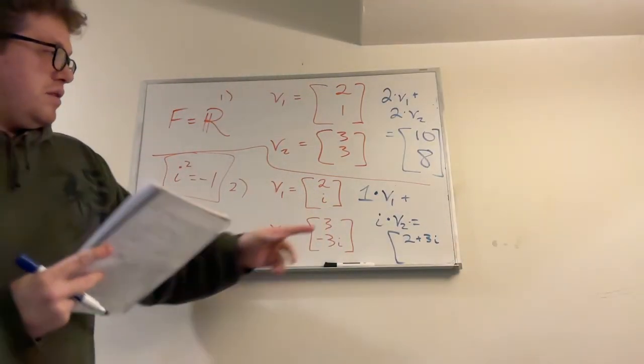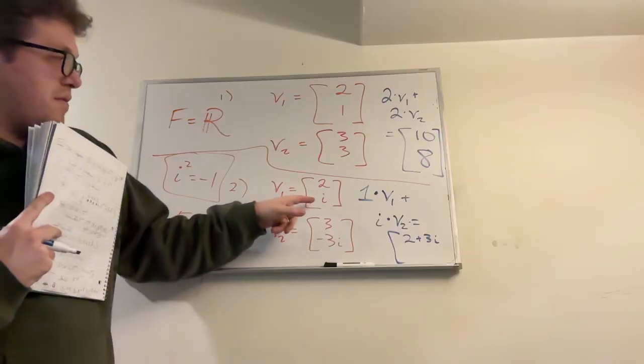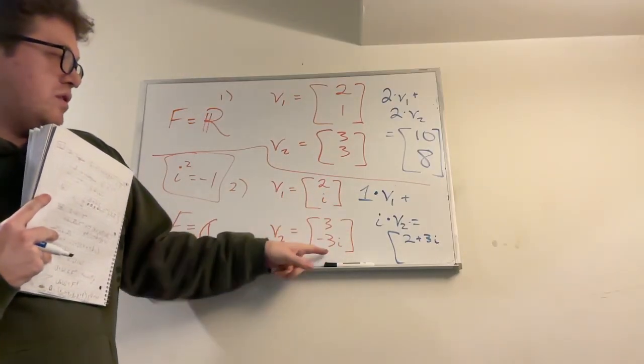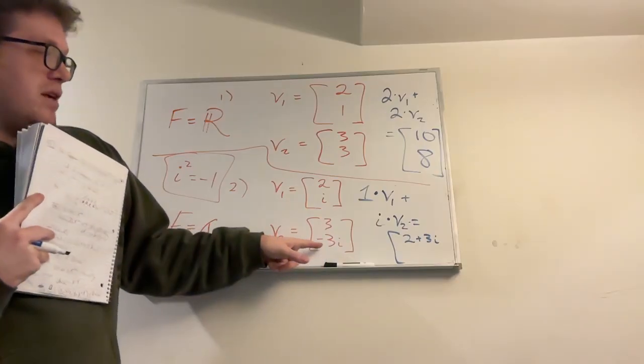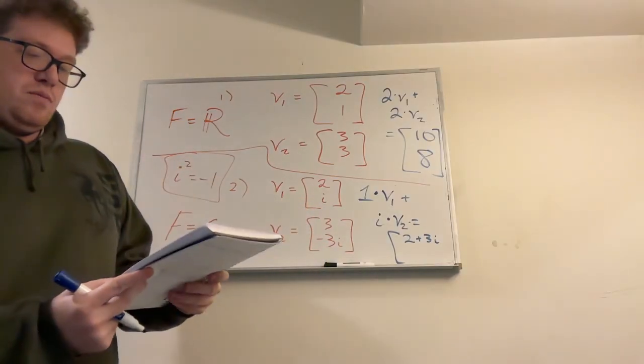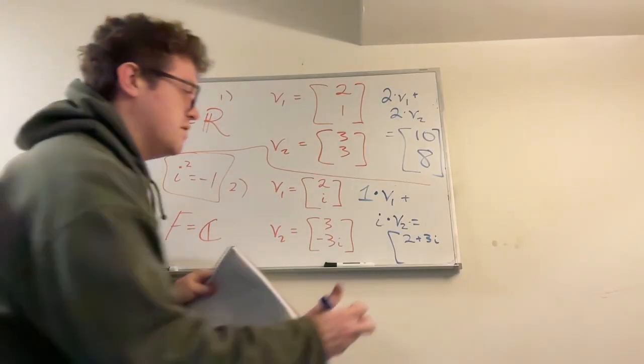And for the second component, we have i times 1, so i, plus i times -3i, which is -3 times i squared, which is -3 times -1, which is +3. So it's 3 plus i.